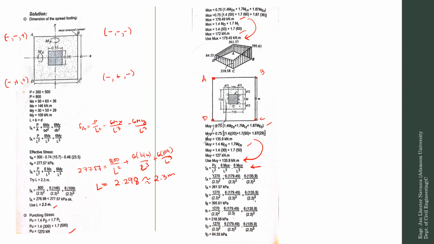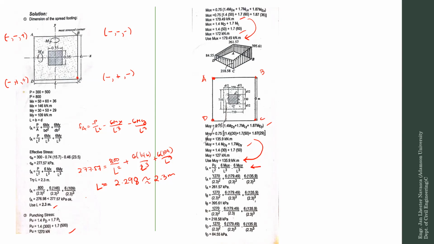Then on the point B, you have all negative, all compression, and therefore we'll simply add them. In this solution, yung negative nila is tension, positive compression. Then for FC, which is this one, negative, positive, negative.